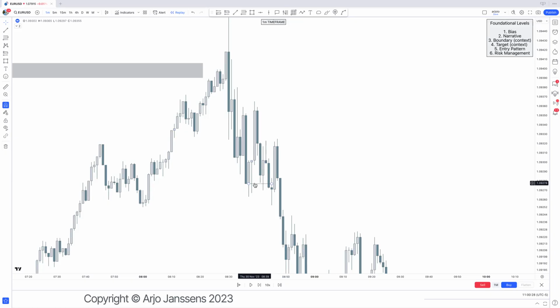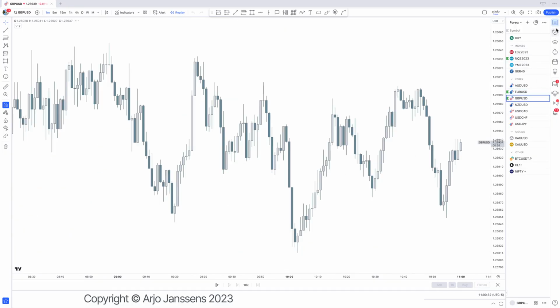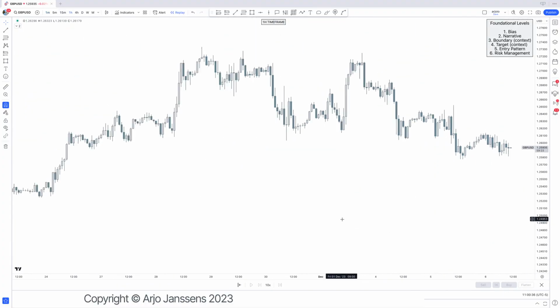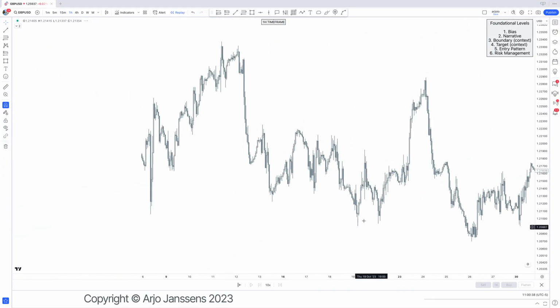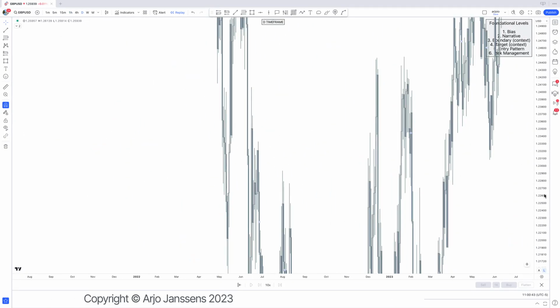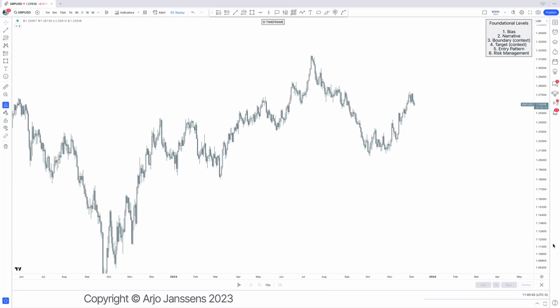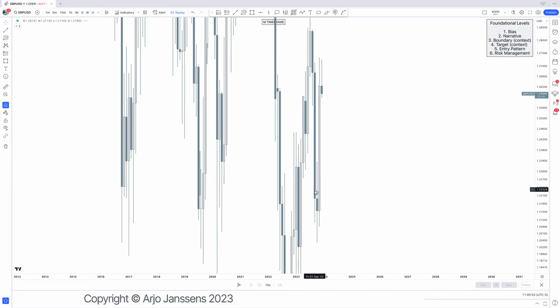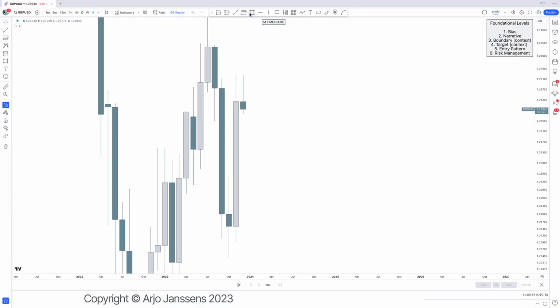All right, so then the next entry type is GU, which we also, of course, went over in the previous video. So let's go towards it. On the daily time frame, it was this price action right here, where we had the monthly fair value gap, of course, and then we had the daily ST of that monthly fair value gap, which we can continue lower off of, right there.